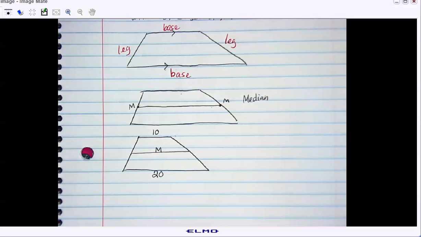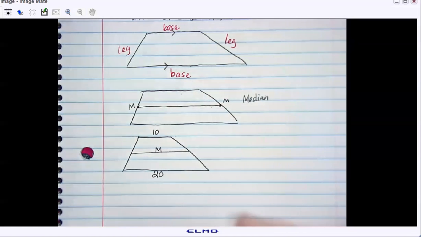What do you think the length in the middle would be? Yes. So the two who put it in the chat box are correct. Okay, good. They said 15.